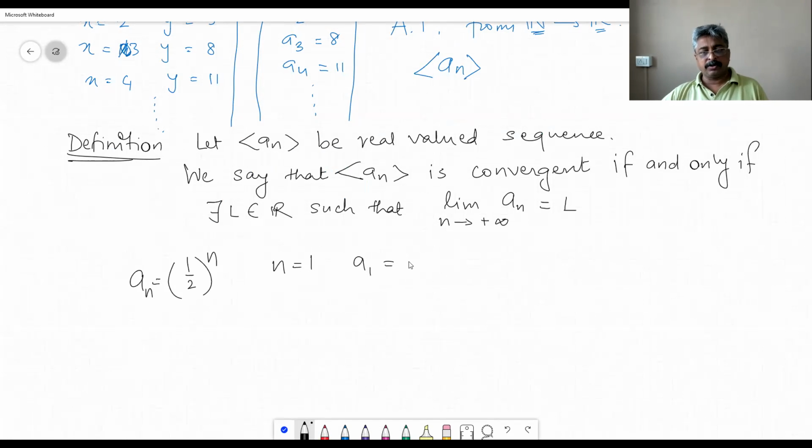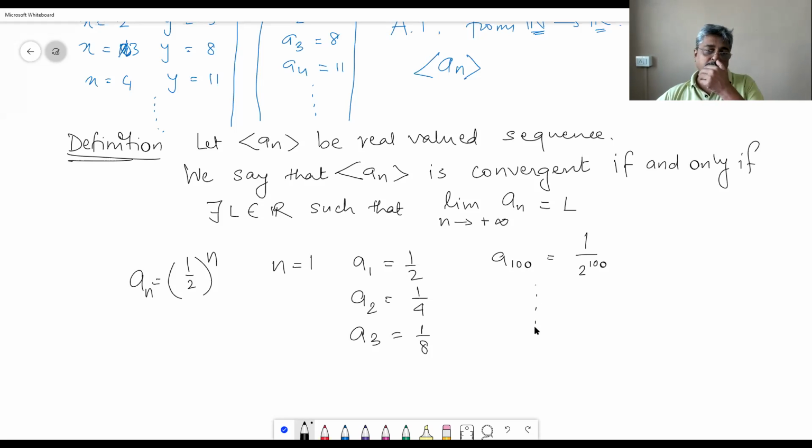A1 is equal to half. A2 is equal to 1/4. A3 is equal to 1/8. A100 will be equal to 1 upon 2 raised to 100. Dot dot. Is this a sequence? Yes.